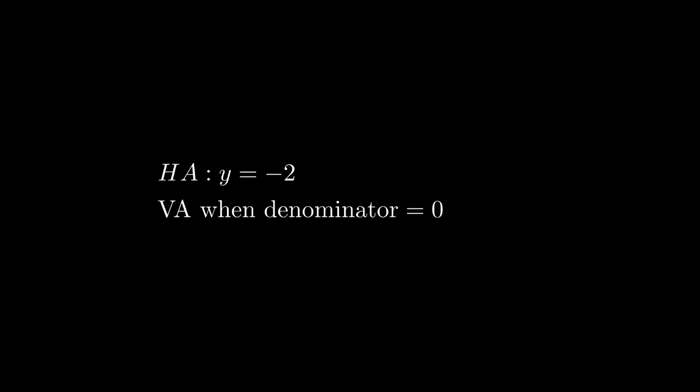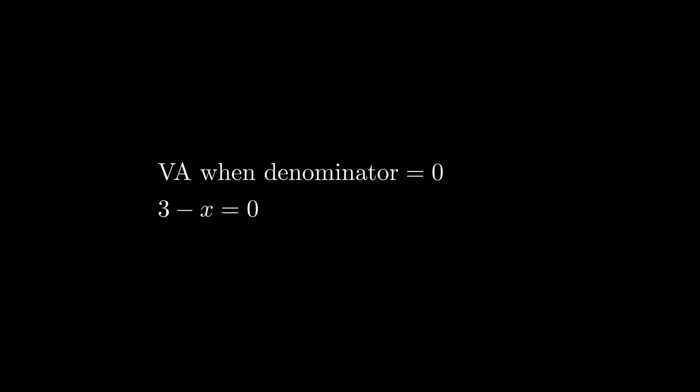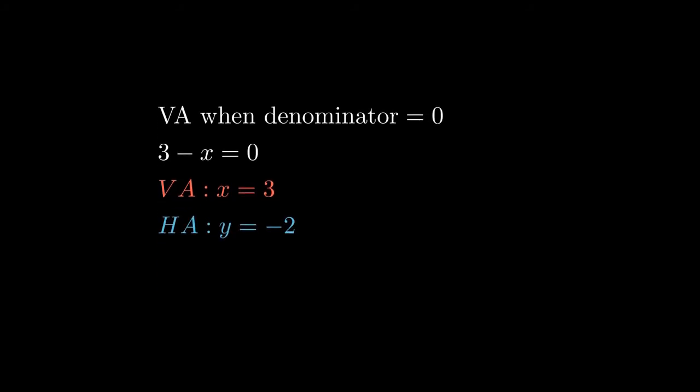It's x equals something. We just take the denominator and set it to 0. What x will produce 0 there? It's x equals 3. So there is the equation of the vertical asymptote and the horizontal asymptote again. First part of the question done.